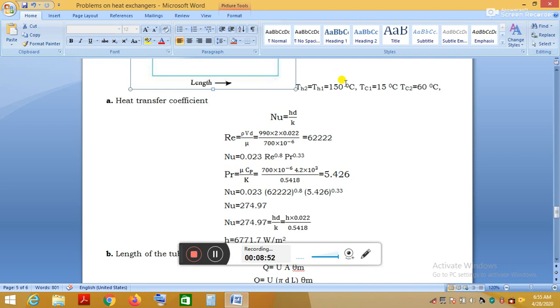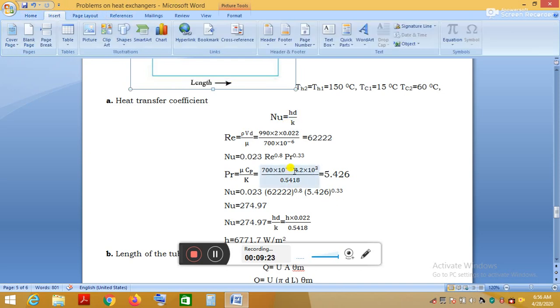You can take the equation for Prandtl number from page number 112, before the external flow equations. The equation to find Prandtl number is mu into Cp by K, where mu is dynamic viscosity, Cp is specific heat, and K is the thermal conductivity of the water.